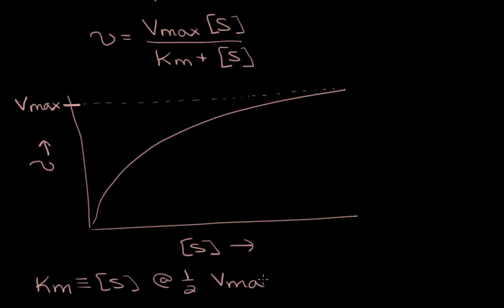So, for example, if this number is 1, then half of the Vmax would be 0.5, and you would trace that out to the line. It's right here. And so the concentration of substrate at 1/2 of the Vmax is whatever this value is. This value would be the km, this concentration of substrate.